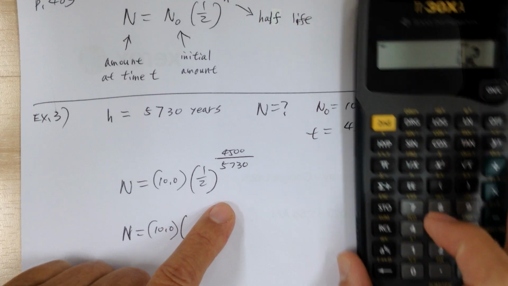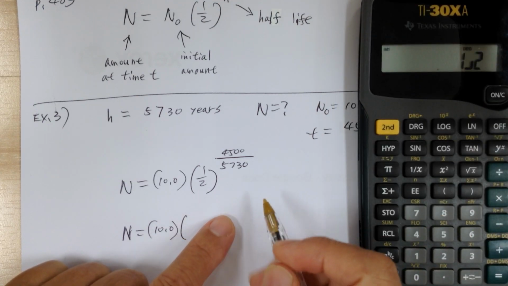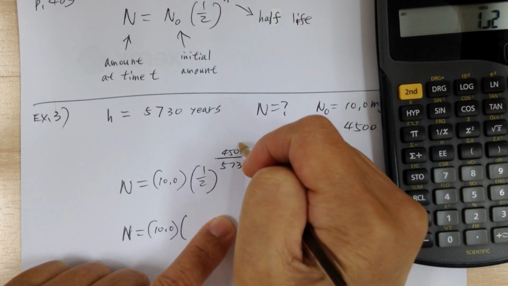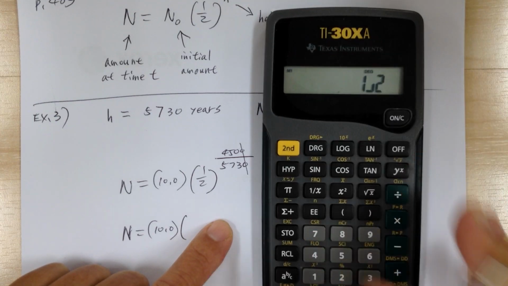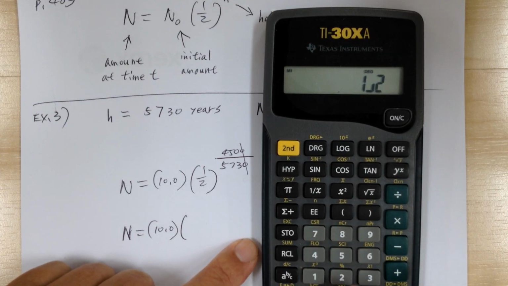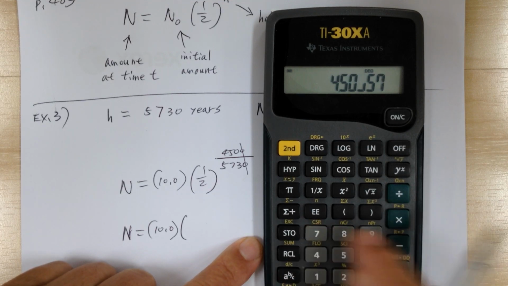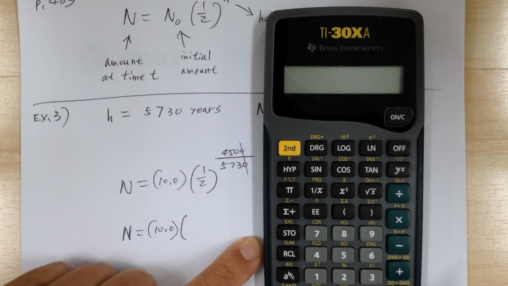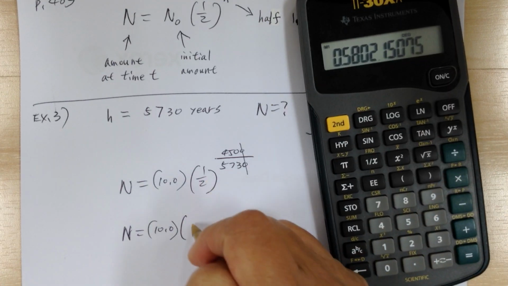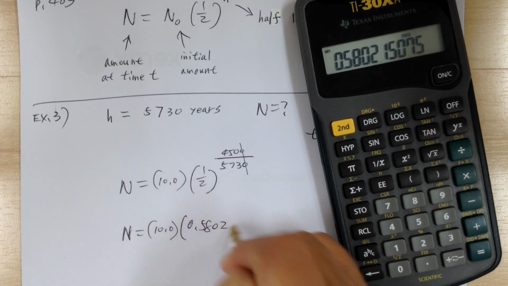The fraction normally only allows you to enter 3 digits, so I'm going to cancel this 0 so I can enter 450 over 573, equals. This gives me 0.5802.